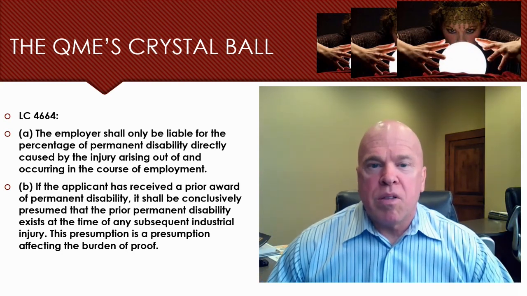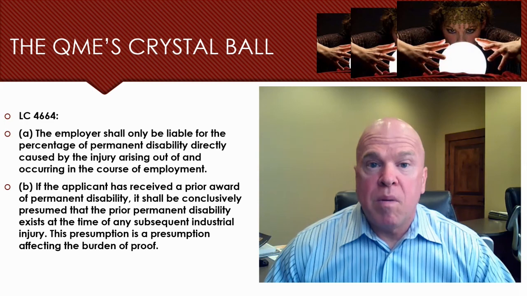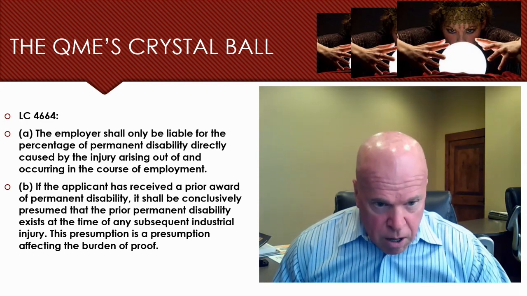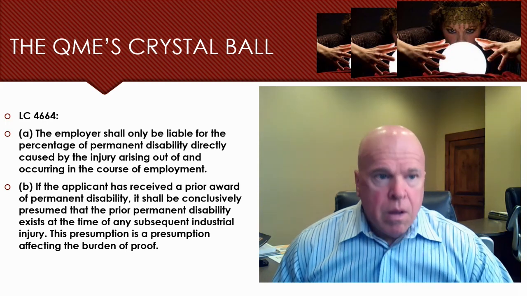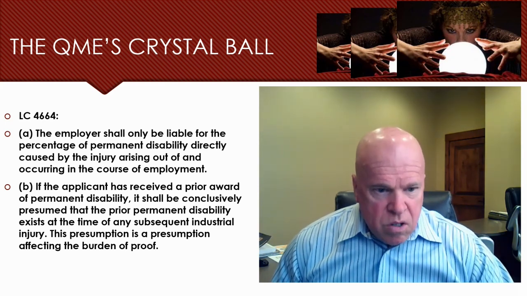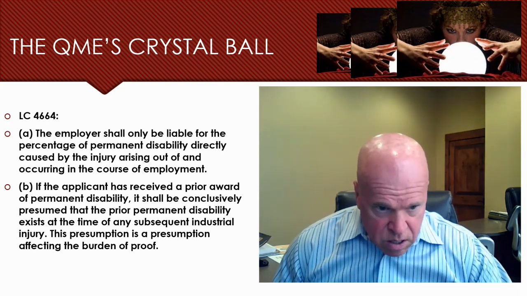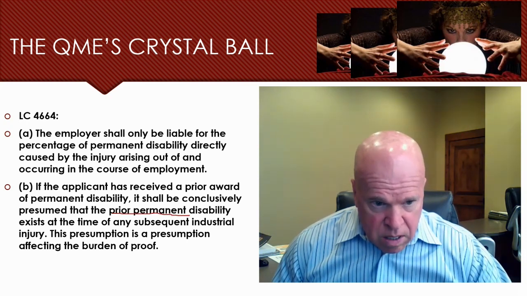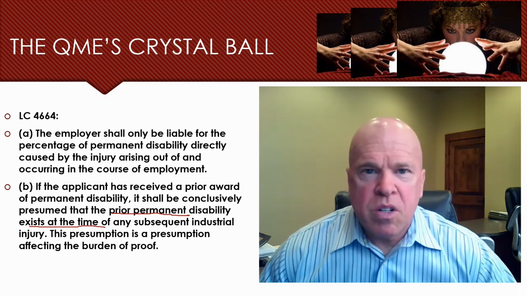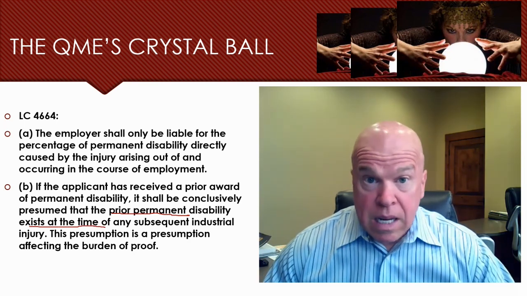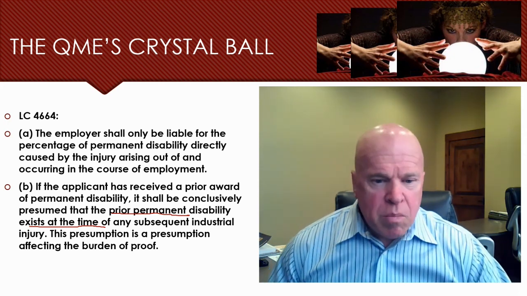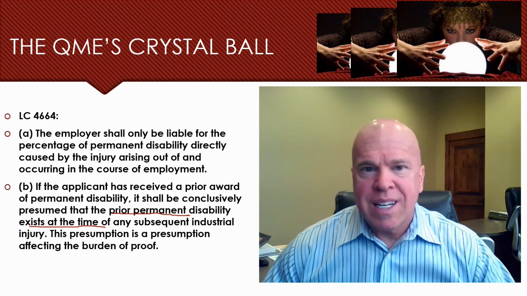And this is where thorough investigation into the relevant medical history is critical. So when it tells us here that the prior permanent disability exists at the time of any subsequent industrial injury, what does that mean? What does it mean that the prior permanent disability exists?